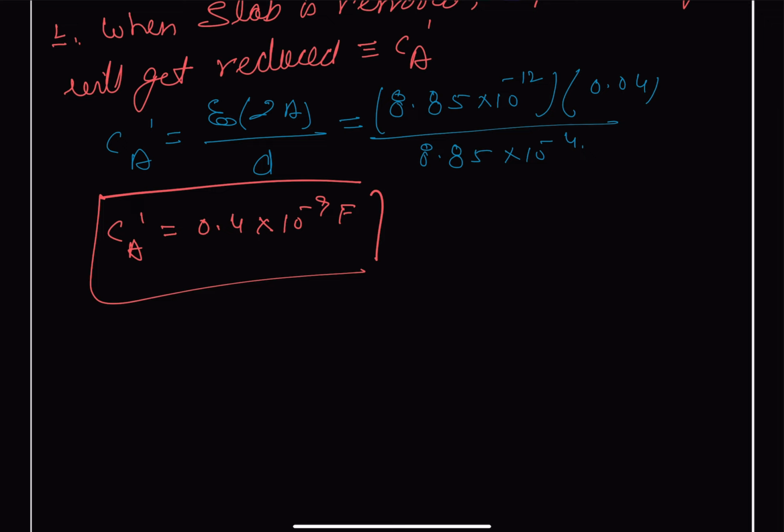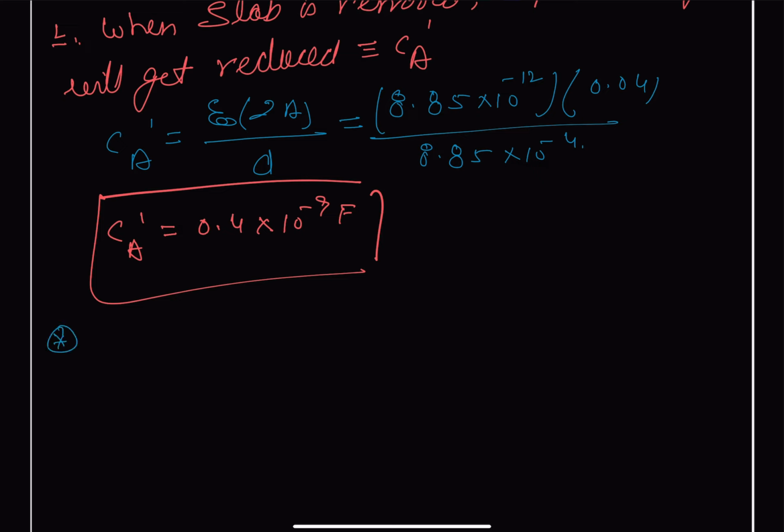Therefore, the work done will be the difference between the energy. So energy will be our UA prime, so we need to find out the amount of work done.